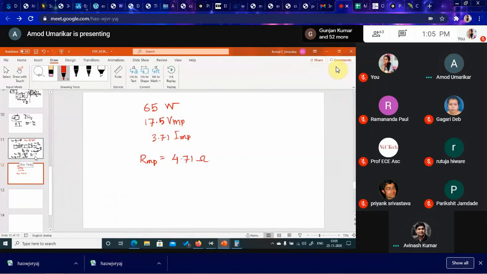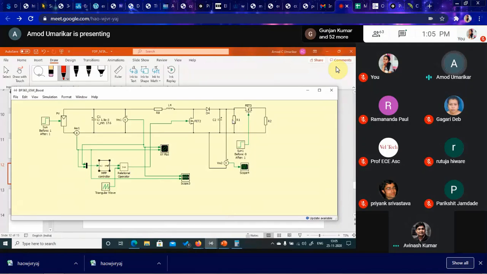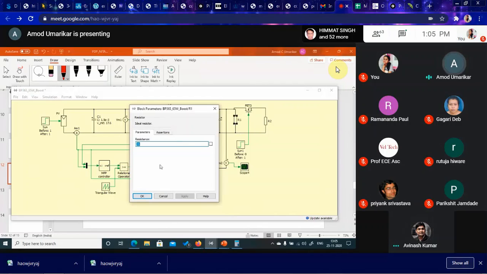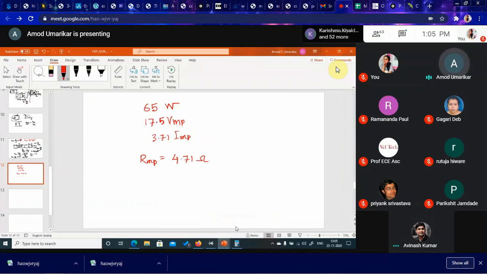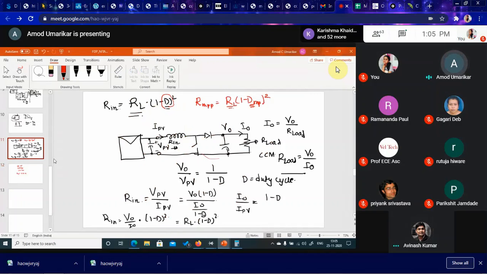Okay. Now, what is our load here? Our load is initially how much? 20, right? 20 ohm. Okay. So for MPP, what should be the duty cycle? That is our first problem. Okay.